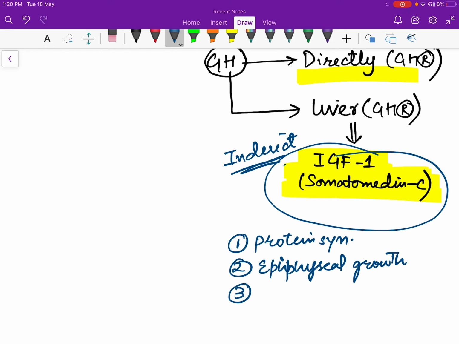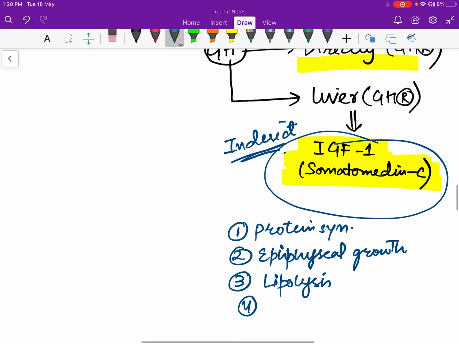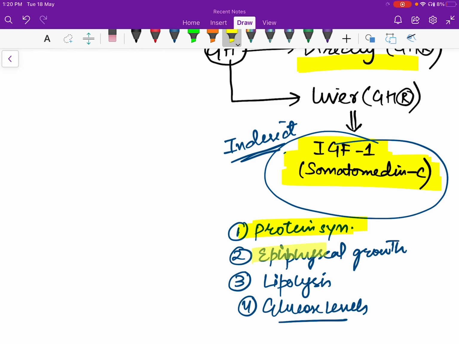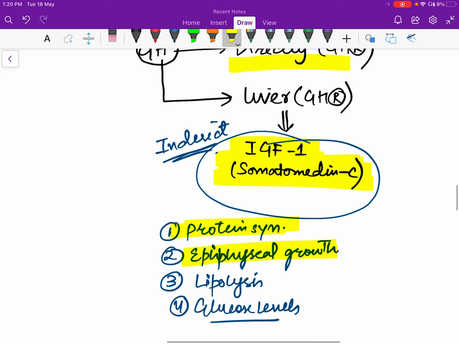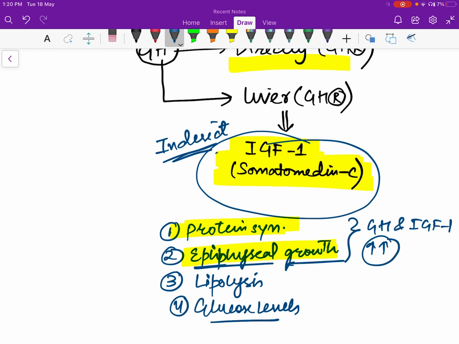Point number three, its effect on lipolysis. And point number four, the effect on glucose levels in the blood. Now, the first two actions, protein synthesis and epiphyseal growth, produce the same action. That means growth hormone and insulin-like growth factor 1 increase protein synthesis and they increase epiphyseal growth. But in case of lipolysis and in maintaining glucose levels, they have different actions.